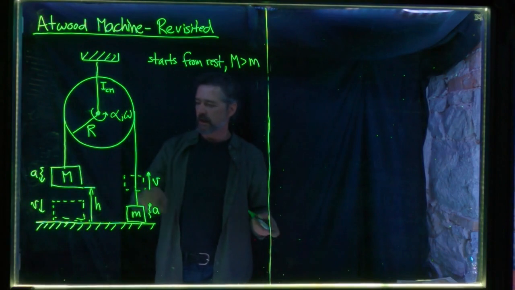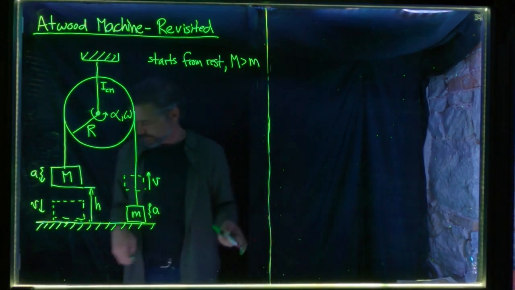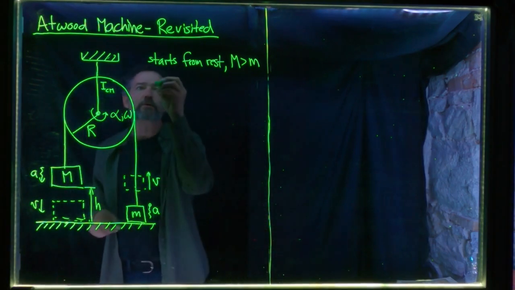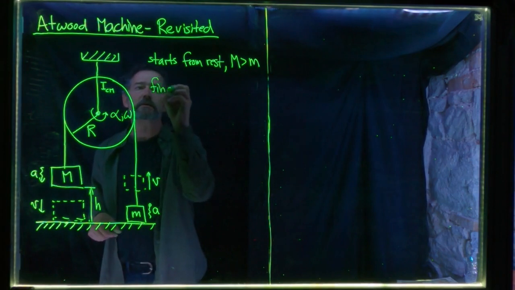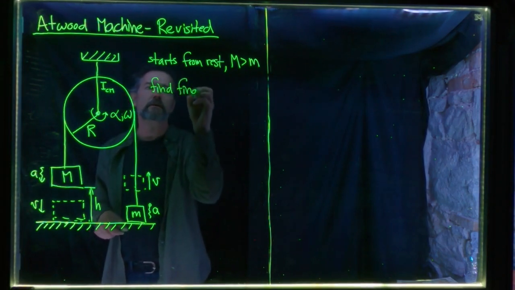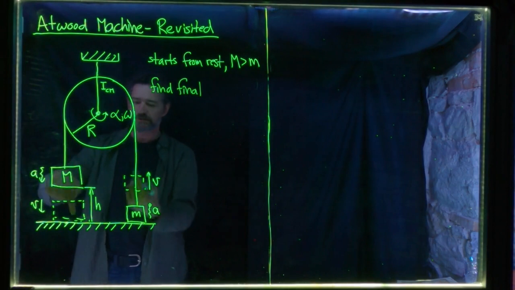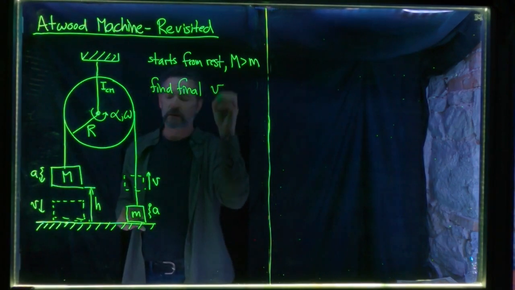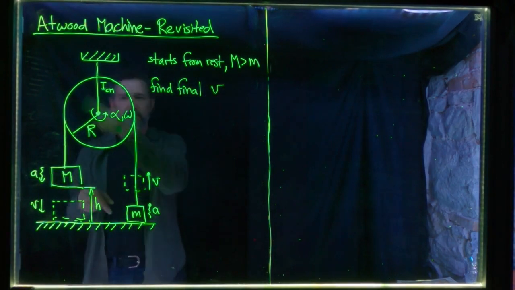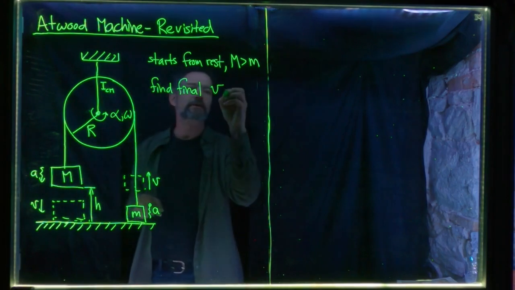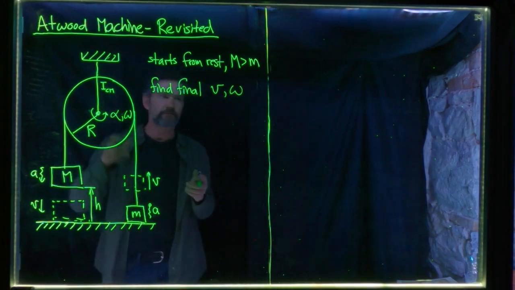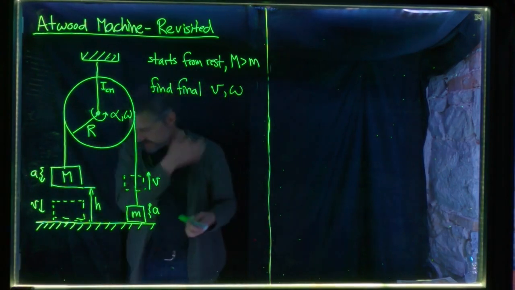So a and alpha are positive. And what we want to do is find the final values for the linear speeds of big M and little m, and the angular speed, radians per second, of the pulley, just before big M hits the ground.